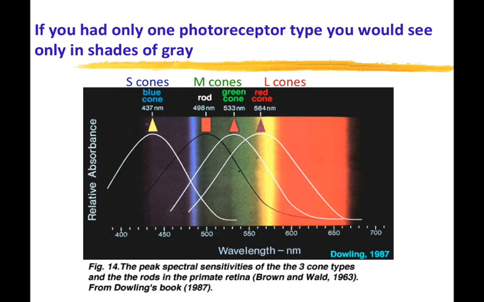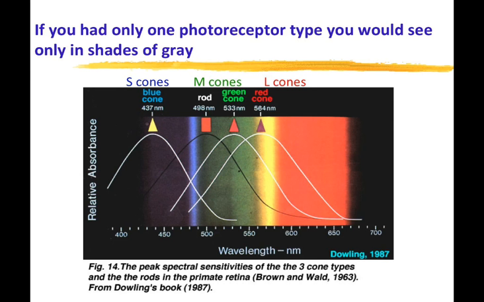So the most common color blindness is the inability to distinguish between red and green and variants of red and green, like cyan and blue. And this is usually because they are lacking either the M cones or the L cones, or they have very few of them and they're not distributed evenly across the retina.